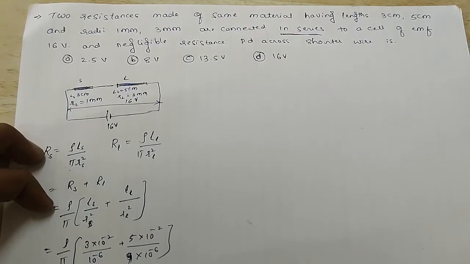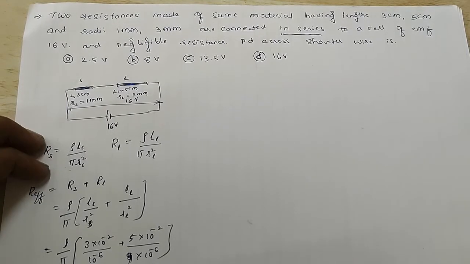After simplification you get rho by pi multiplied by 32 divided by 9 into 10 raised to 4, the effective resistance in ohm.